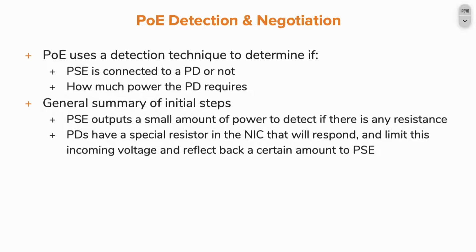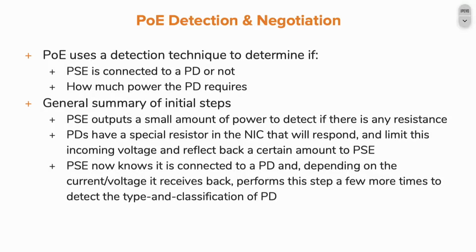When it loops the power back to the power sourcing equipment, it'll change it in a little way, like a little bit less power will be looped back than what came down from the switch. That's how the switch will know, okay, I'm connected to a powered device.